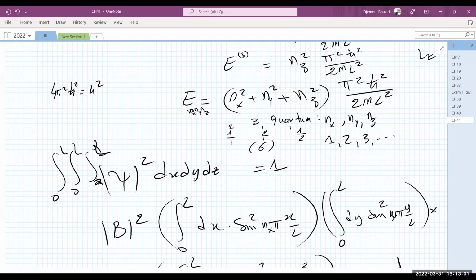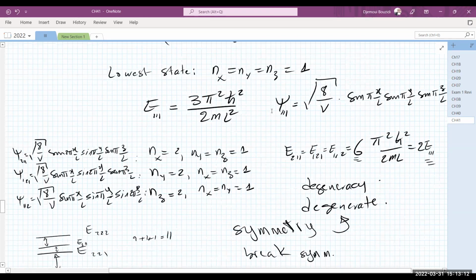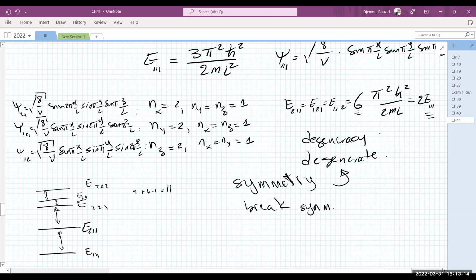Those are different states completely. They're not the same thing. They have nothing to do with each other, because one of them doubles the x. This is 2, 1, 1. Obviously, sine 2x is not the same as sine x, like the second one.